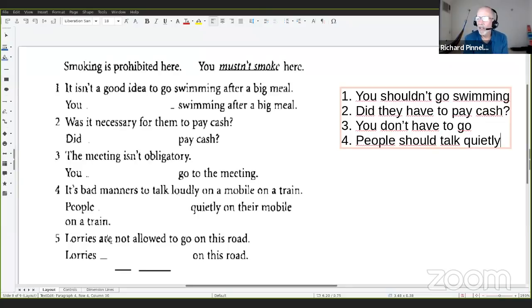Y en Inglaterra se llama lorries. Lorries mustn't go on this road. Very good, yeah. Okay, con eso hemos terminado.